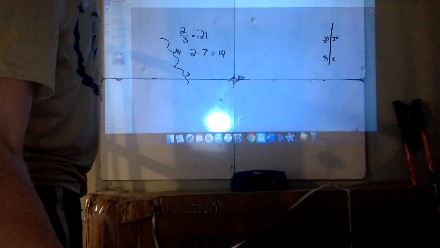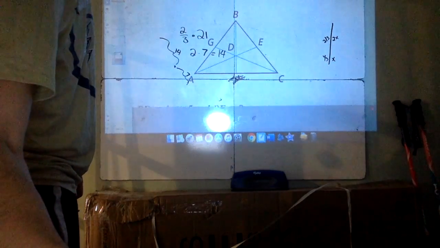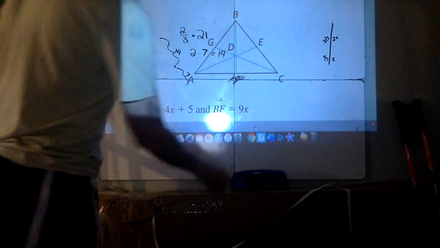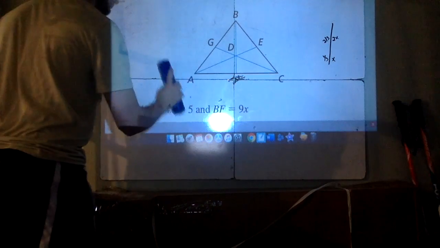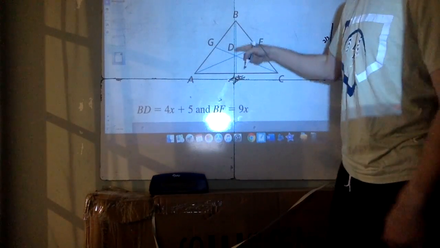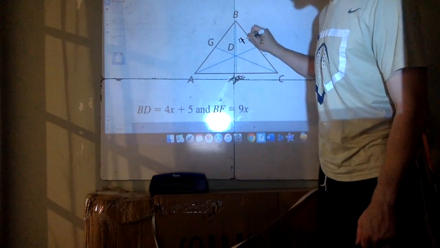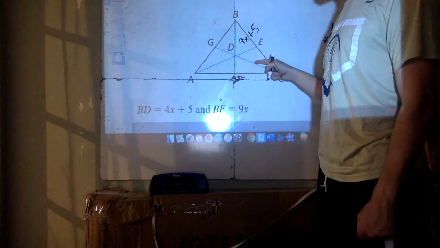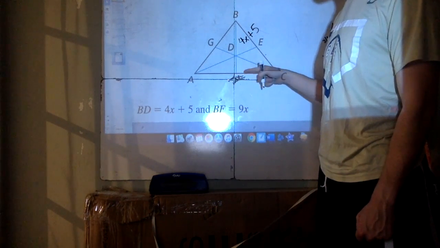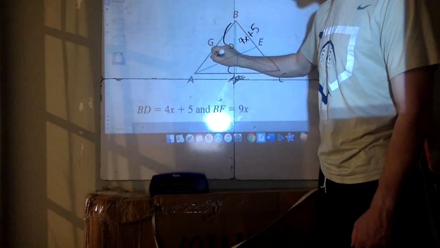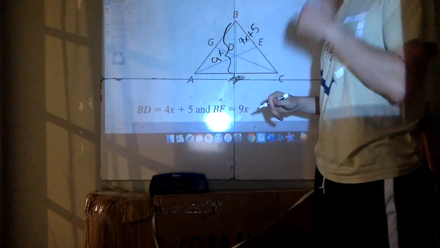Another way to use it is here, and this is with a little more algebra. What we have here is BD is 4x plus 5, and BF, the entire length, is 9x.